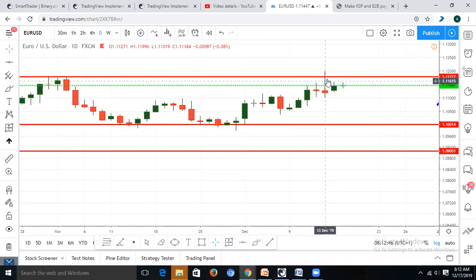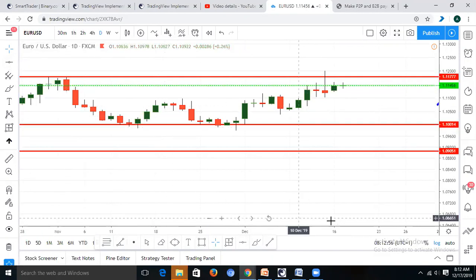Let it be that the tail is very long, like as this one is long. The tail should be long and the body should be small. Now, after the formation of that particular candlestick, you can decide to use pending order to avoid some kind of unexpected losses, because market can go against you as well. We are only predicting, we are not the market makers.